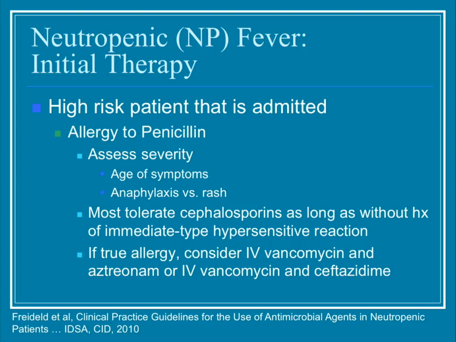If someone has a history of anaphylaxis, then we're like, okay, you're going to get a monobactam. The problem with monobactams like aztreonam, or ceftazidime, is they're relatively narrow for gram-negative coverage, so you need some IV vanc to round it out so you get enough strep coverage for the mouth and the mucositis that will occur.